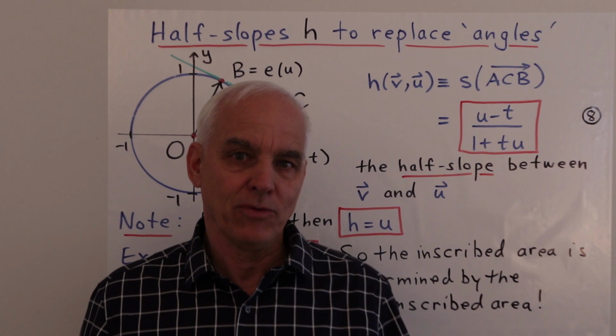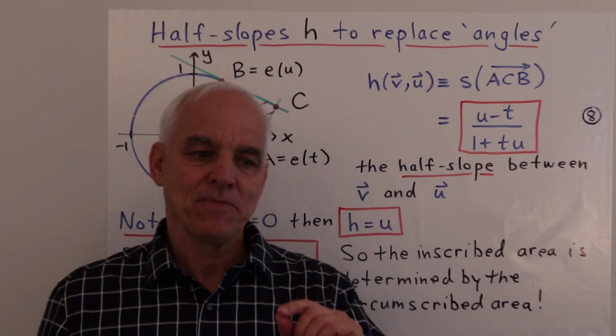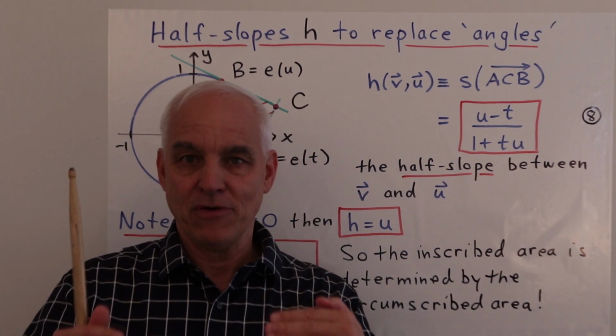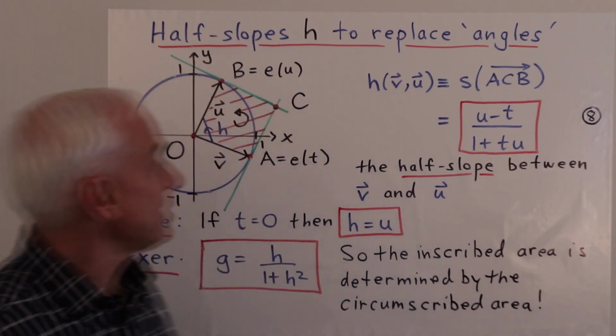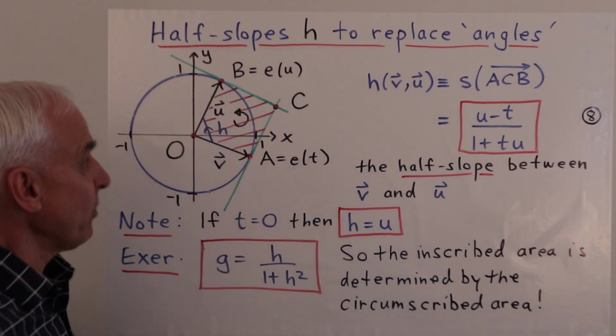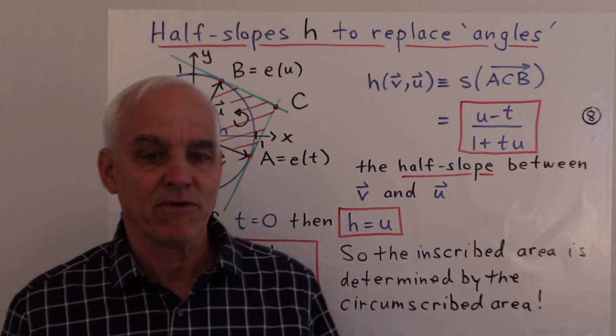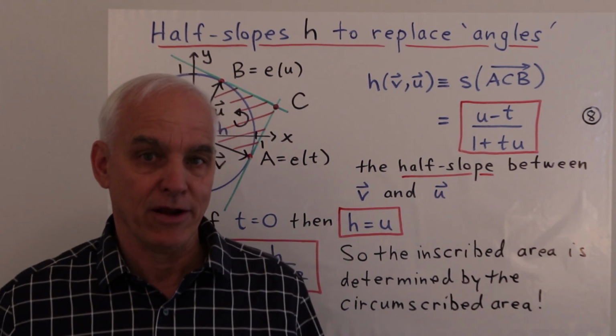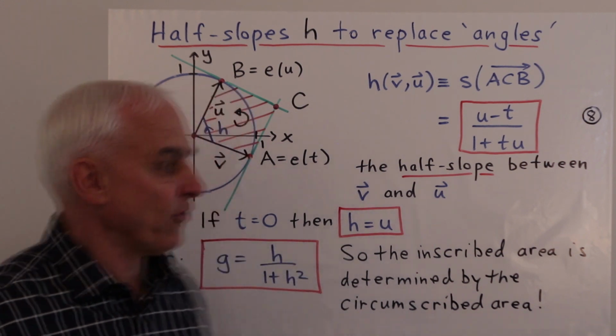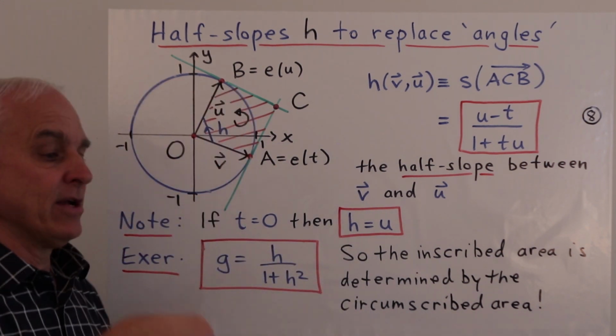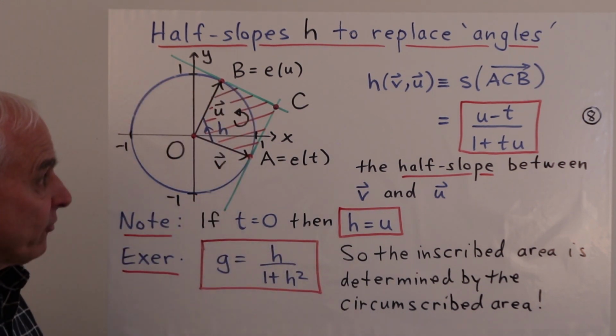And fortunately, what we've done today already sets a very good foundation for that. We're going to see that the half slopes h that we're talking about are very powerful replacement for angles and turn out to be superior to angles in most applications having to do with calculus, dynamics, kinematics, and geometry.